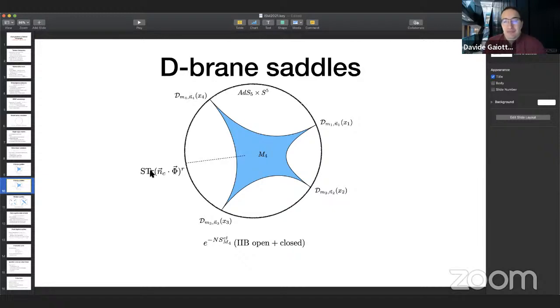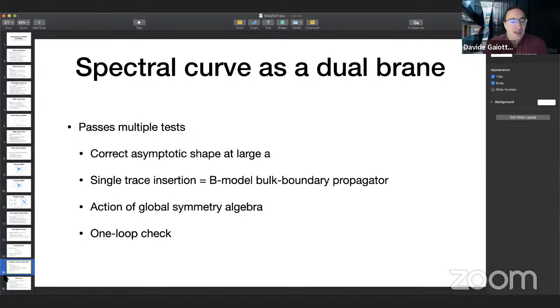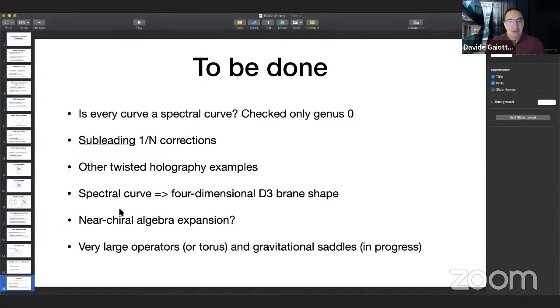It might be possible to study this problem, maybe with operators which are close to being in the chiral algebra. So it might be possible to have some kind of near chiral algebra expansion, where perhaps the Hooft coupling is multiplied by some small parameters, so that the perturbative expansion is manageable.